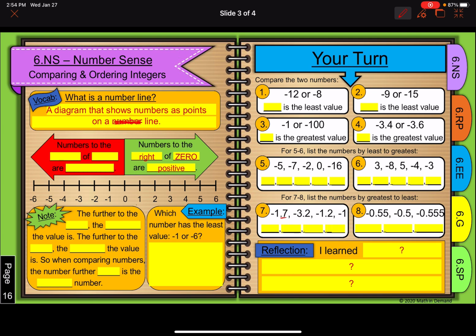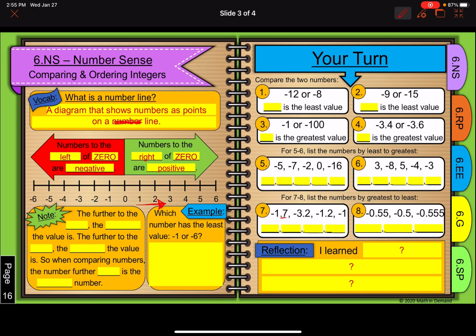So everything that's going this way, no matter if they're integers or rational numbers, they are positive. Fractions, decimals, doesn't matter. If they're on the right-hand side of 0, they are positive. Numbers that are on the left of 0, those numbers are all negative. Again, even if they're decimals, fractions, whatever, they are all negatives.